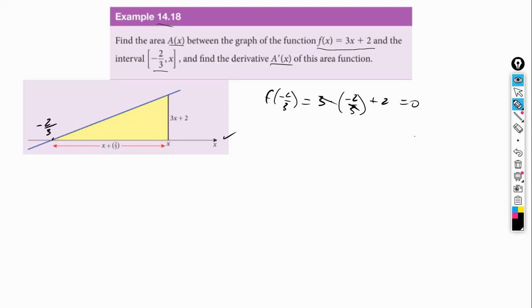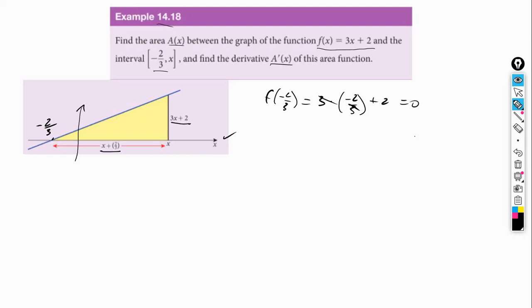Then this is a triangle, and the base of the triangle would be x plus 2/3, right? Because if you have -2/3, that means the y-axis would be somewhere around here. Therefore, the total distance would be x plus 2/3. Then the height would be equal to 3x plus 2, which is the function of this inclined line.